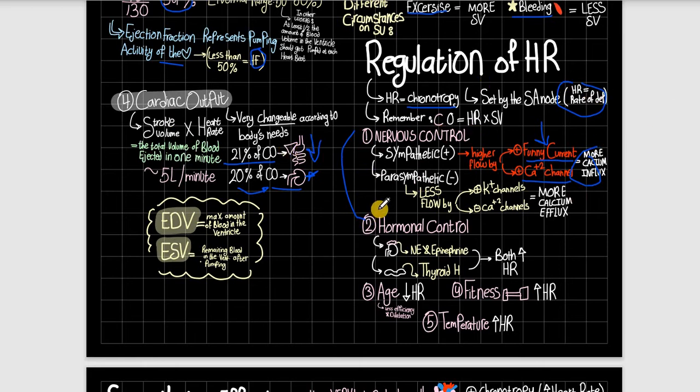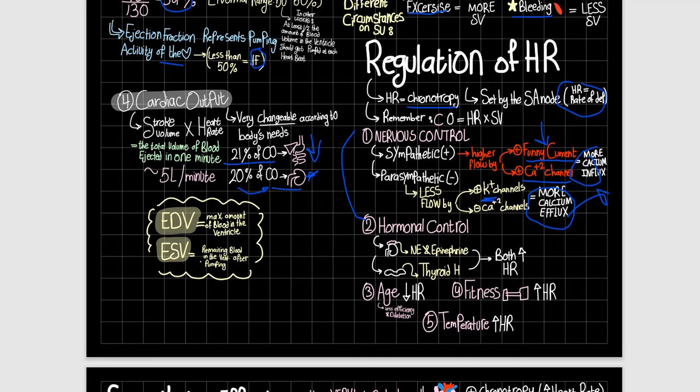The parasympathetic nervous system does the complete opposite. It decreases the calcium amounts. So it allows calcium to go out and increases calcium efflux. How can it increase calcium efflux? By using potassium. So why potassium?